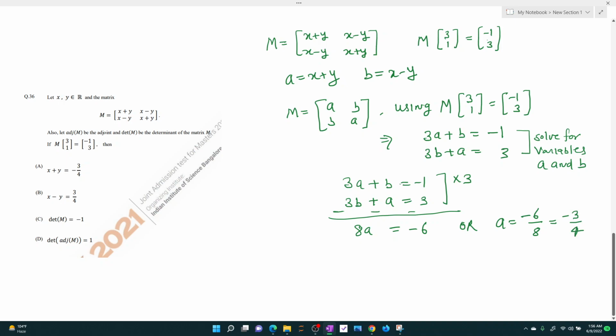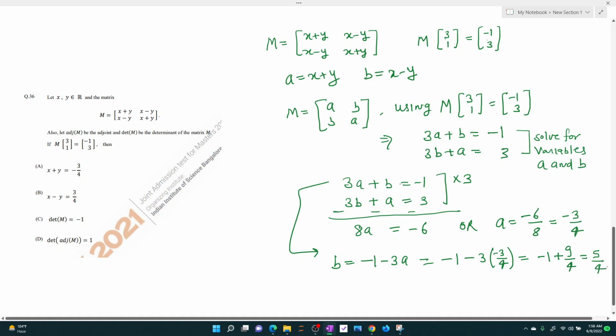Now using one of the equations, 3a plus b equals minus 1, b is nothing but minus 1 minus 3a, right? So this is minus 1 minus 3 times minus 3 by 4, which is minus 1 plus 9 by 4, and this comes out to be 5 by 4, right?